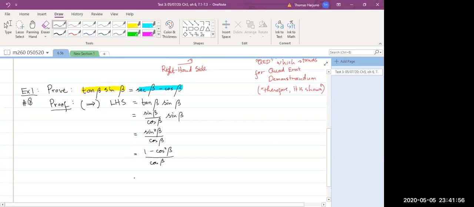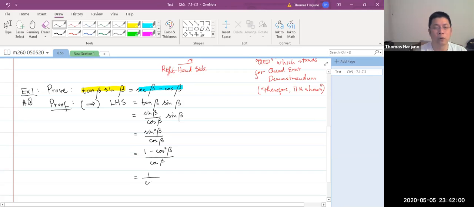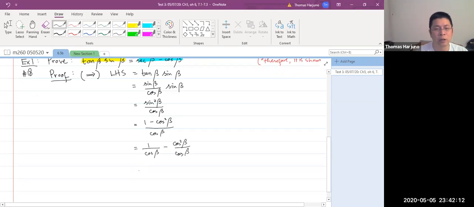And then you separate the fractions: 1 over cosine beta minus cosine squared beta over cosine beta. The first term is secant beta. The second term is cosine beta, which is our right hand side. So that's the end of the proof.